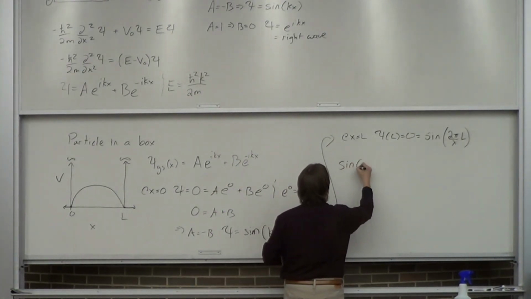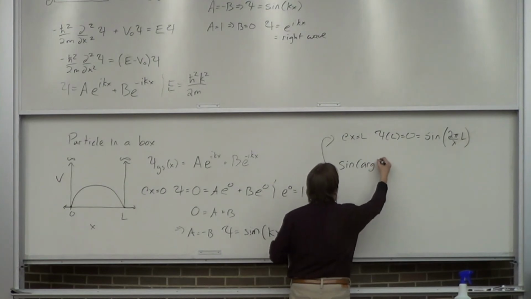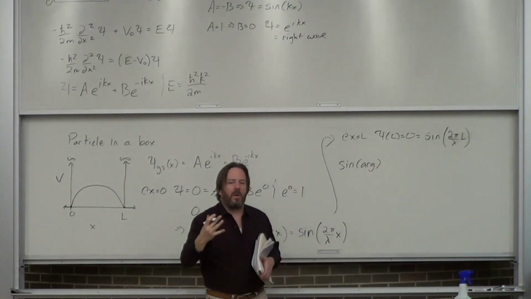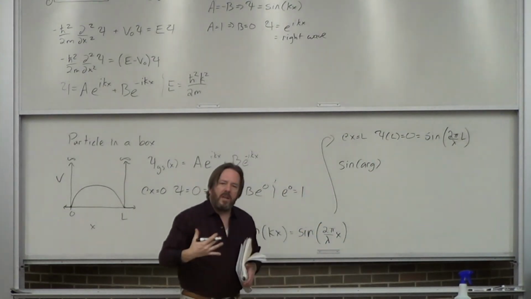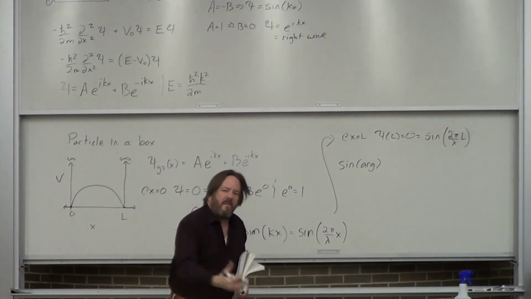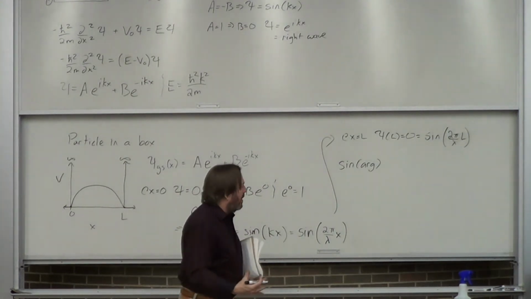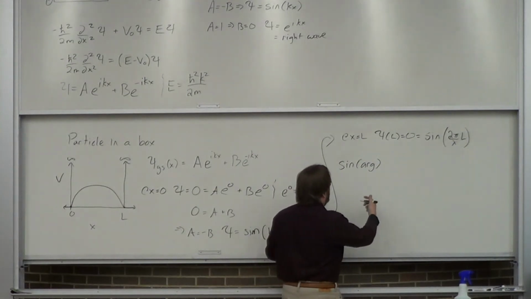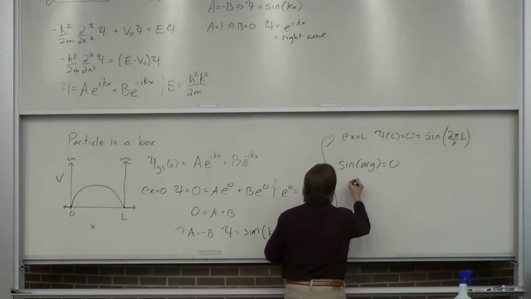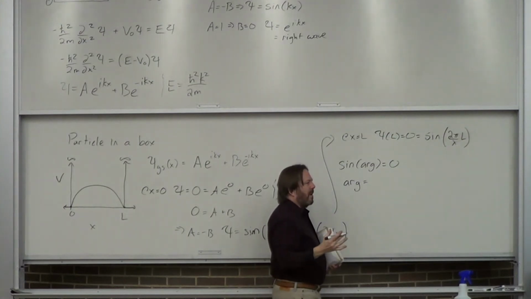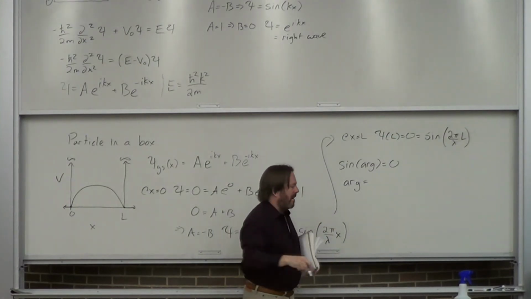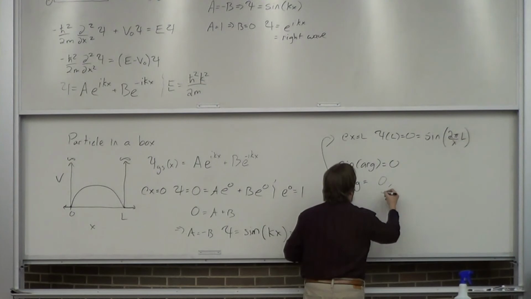Sine of an argument. Now remember, maybe some of you don't remember that word. The argument of a function is what you stuff into its face. So for sine to be 0, the argument has got to be 0. Oh, but we've already done 0. Well, I'll write it down anyway. 0.